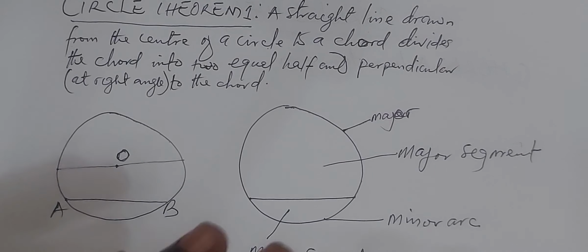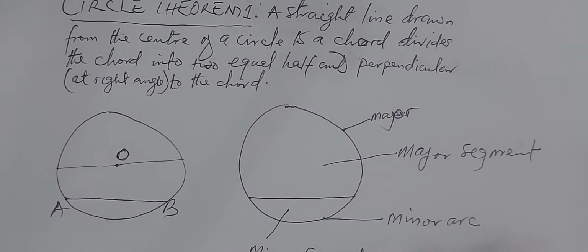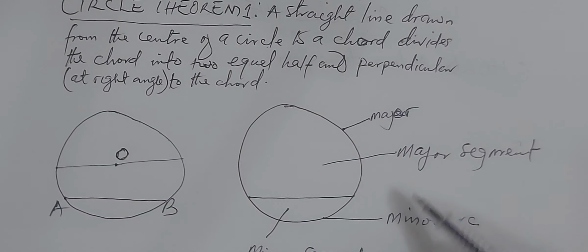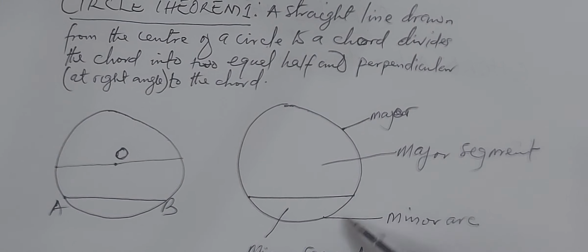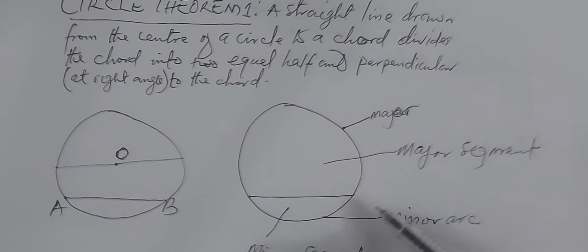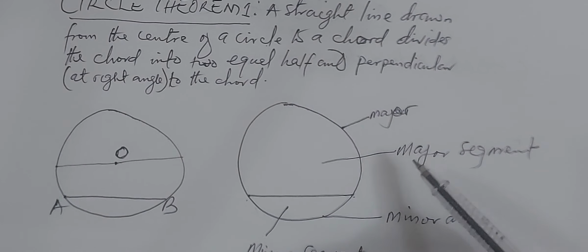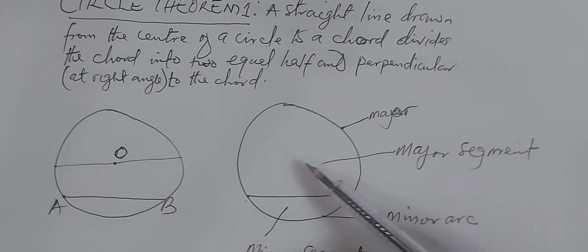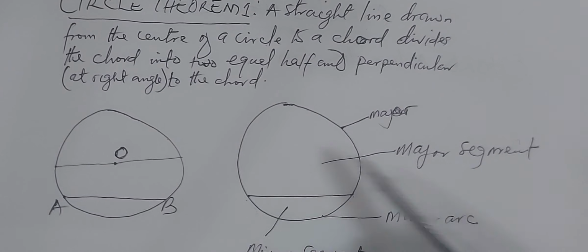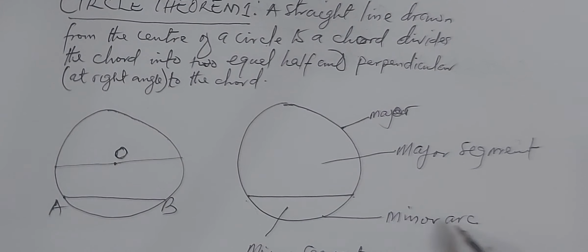Okay, these are the things we're going to look at. But it is not our major concern, but we need to understand these parts of a cycle. An arc is a line that joins two edges of the cycle, while a segment is a portion of the cycle. It could be major, it could be minor, and so also the arc.